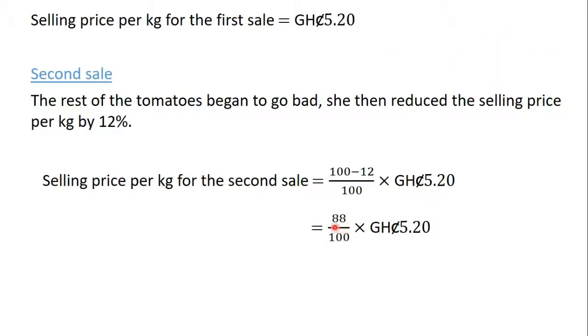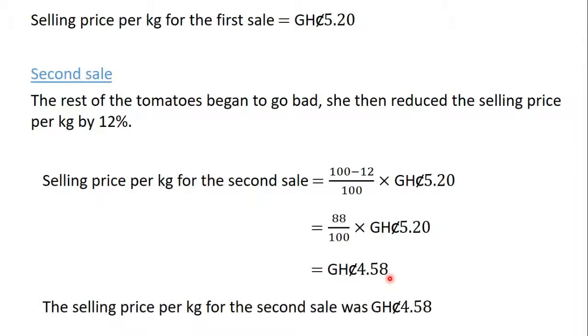And this will give us 88 divided by 100 times 5 Ghana cedis 20 pesos, and this is equal to 4 Ghana cedis 58 pesos. This means that for the second part of the tomato that she sold, the selling price per kilogram was 4 Ghana cedis 58 pesos.